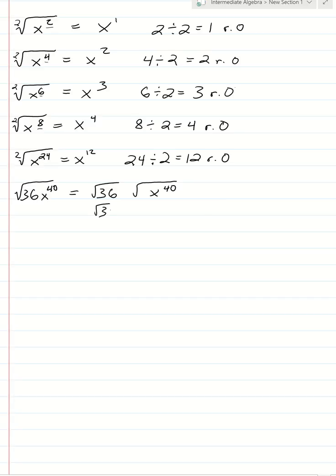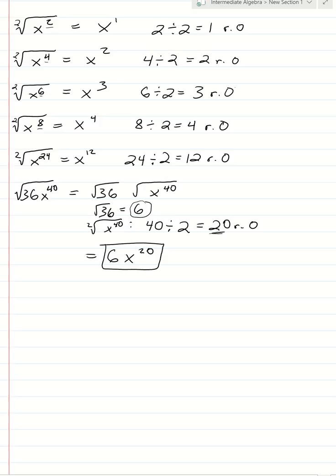If we were to take the square root of 36, that's just 6, because 36, remember, is a perfect square. If we were to take the square root of x to the 40th power, well, like we did up here, we need to take the 40 and divide it by the root index, which is the understood 2. 40 divided by 2 is 20, no remainder. So our solution, we have to take the solution to the square root of 36, which is 6, and we have to take this solution, which would give us x to the 20th, and that would be your simplified radical.